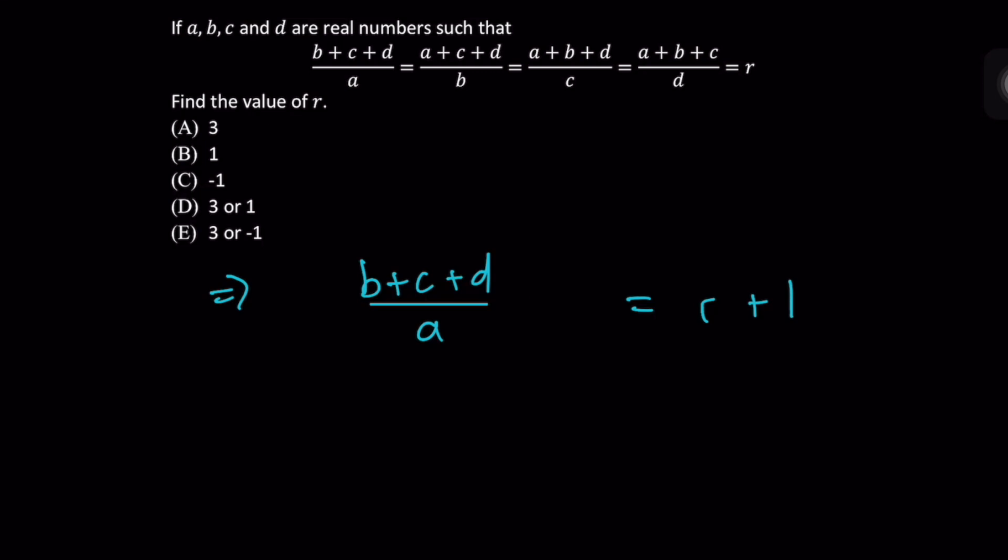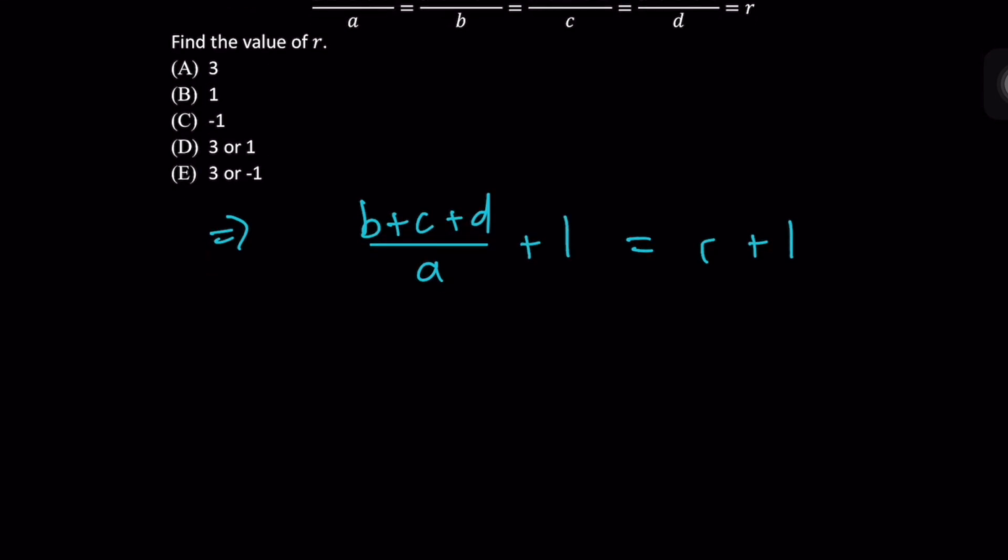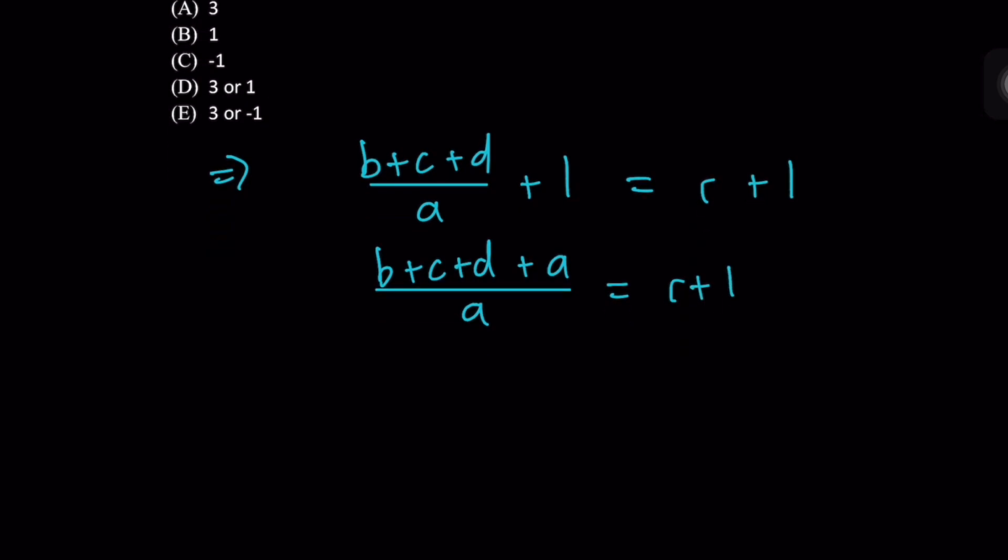let's try to add 1 on both sides. Then we will have (b plus c plus d plus a) over a is equal to r plus 1. We bring the a over. We have b plus c plus d plus a is equal to a times (r plus 1).